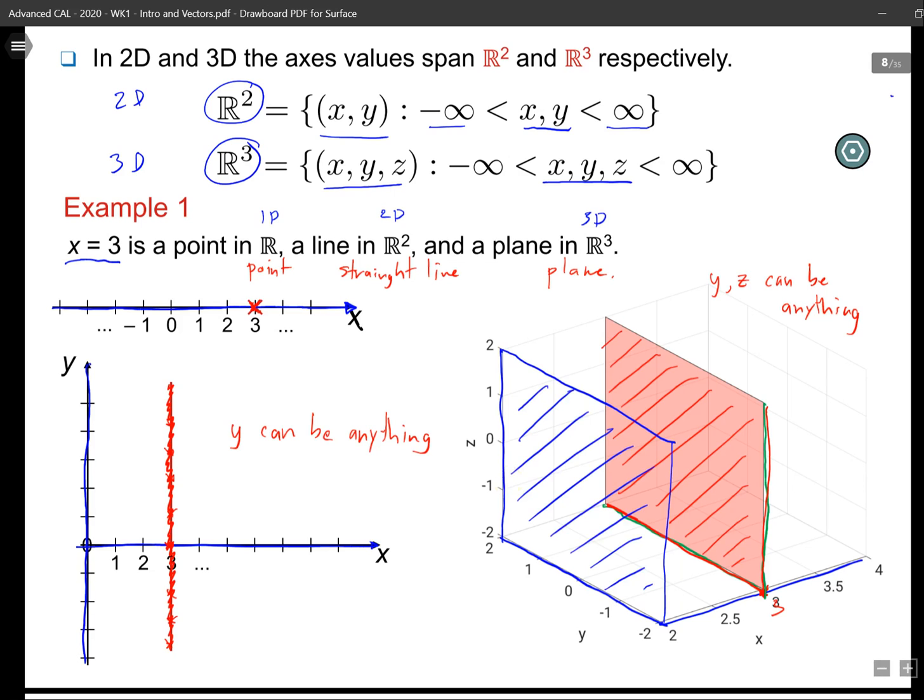So you can make a note here that this plane is parallel to the YZ plane. It's kind of interesting when one piece of information can become different shapes in different spaces, right?